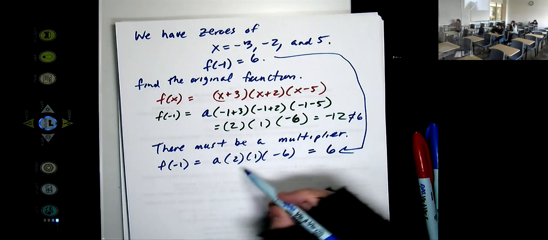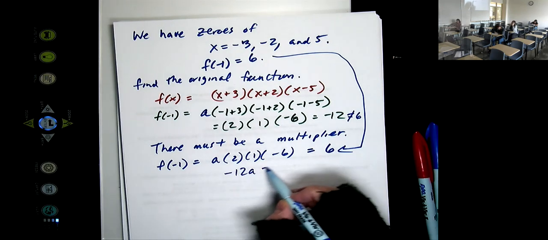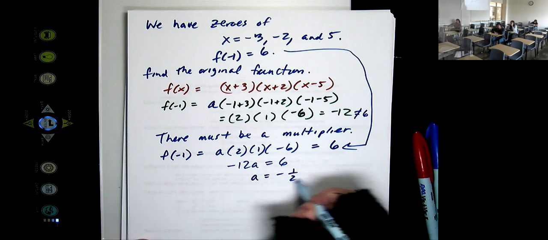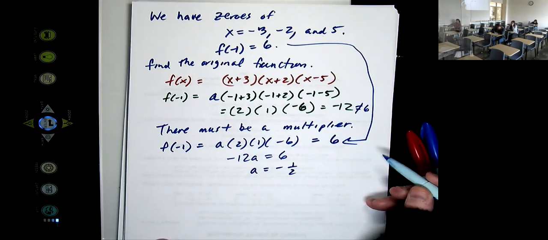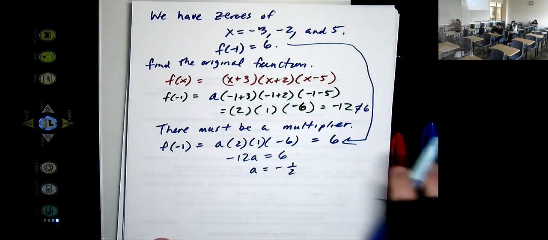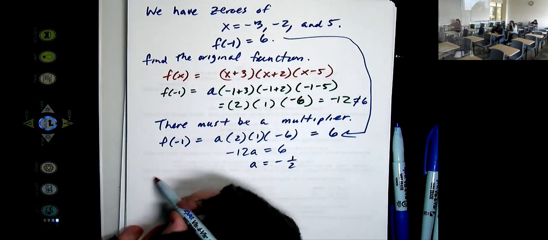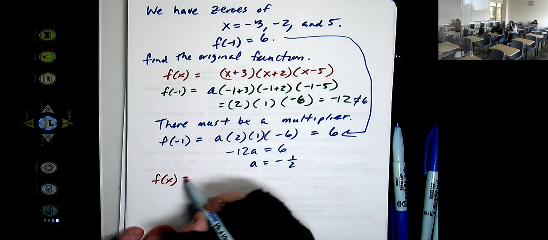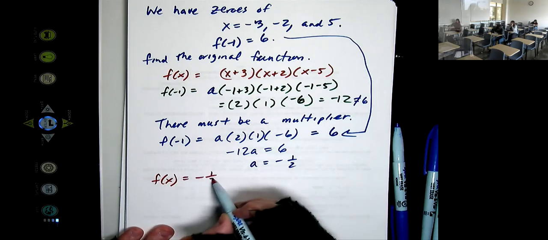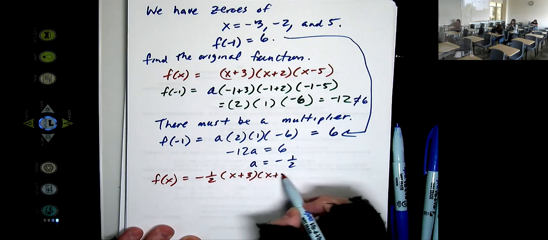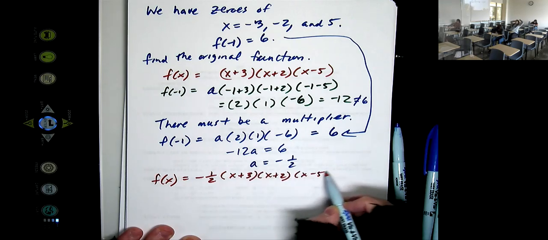So I've got -12a equals 6, so a equals -1/2. And I can write my initial function as f of x equals -1/2 times (x plus 3) times (x plus 2) times (x minus 5).